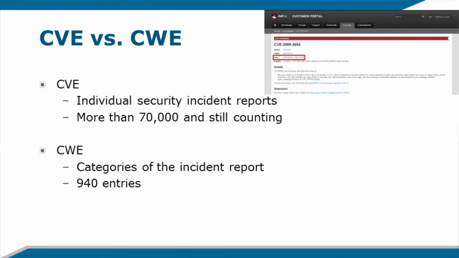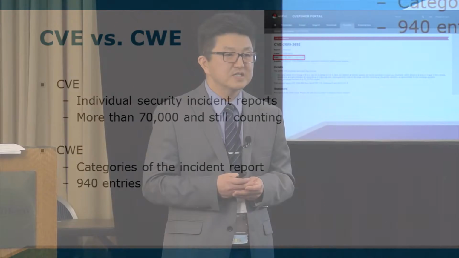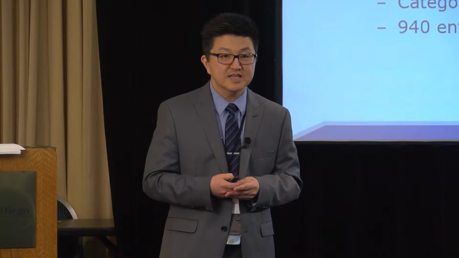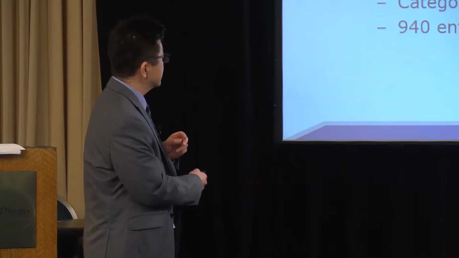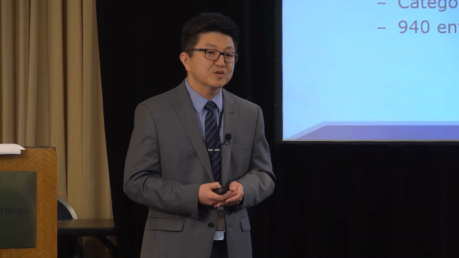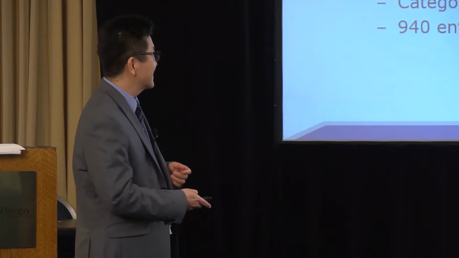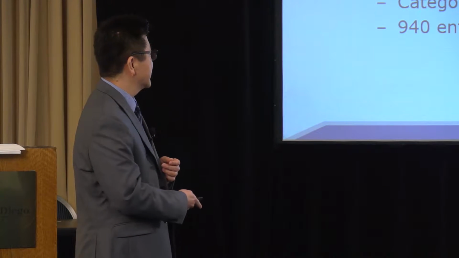And CWE categorizes these security incidents into different types. So for our purposes, to connect the vulnerabilities to the patterns and the tactics, we think CWE is much, much more appropriate, just because of the number out there. We have about 940 entries.